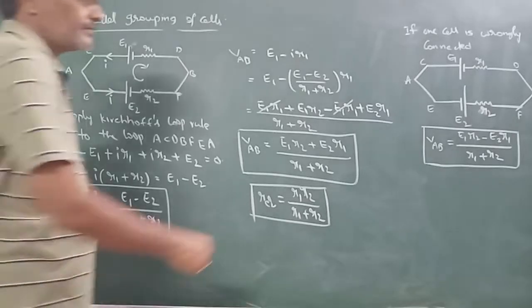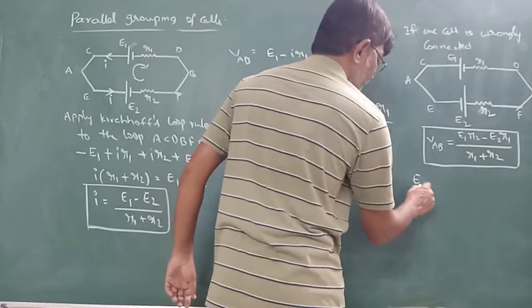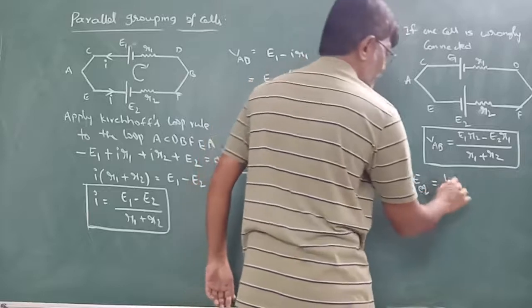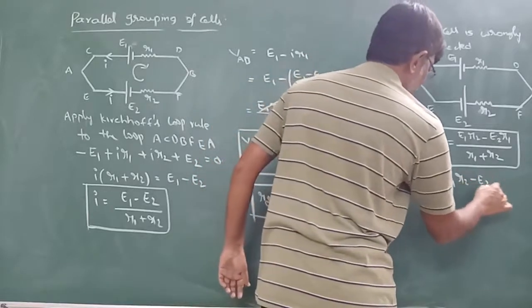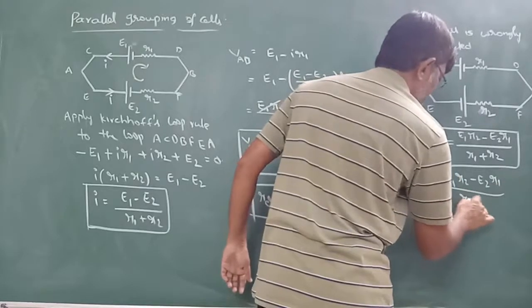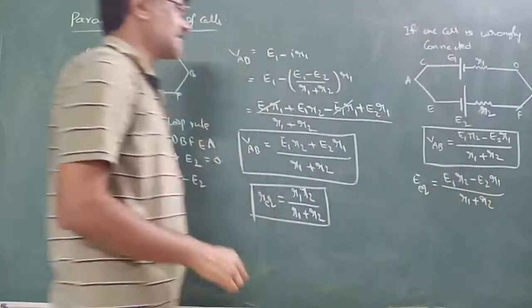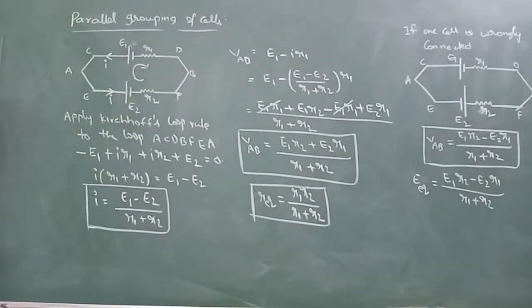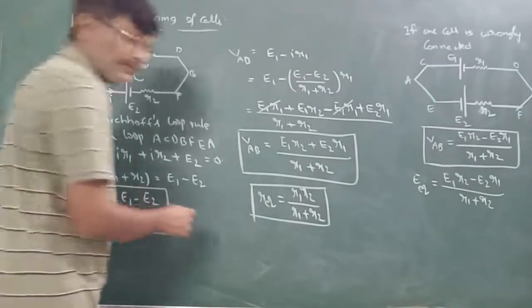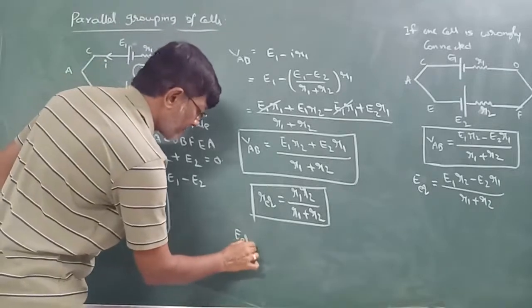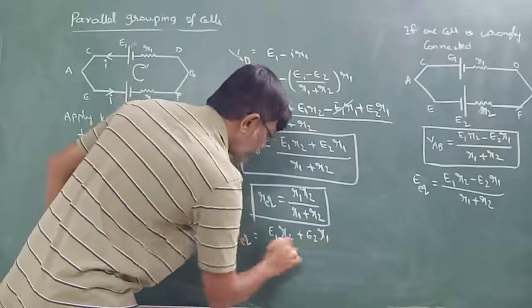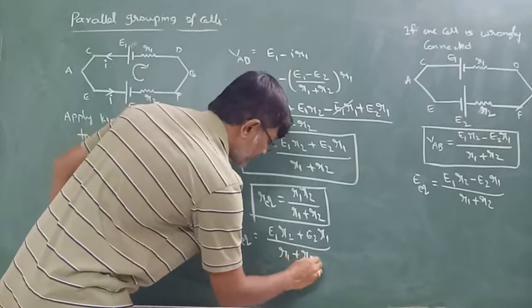This is also called effective EMF or equivalent EMF in parallel grouping, is equal to E1 R2 minus E2 R1 by R1 plus R2 when the cells are wrongly connected, and when the cells are rightly connected, then E equivalent is equal to E1 R2 plus E2 R1 divided by R1 plus R2.